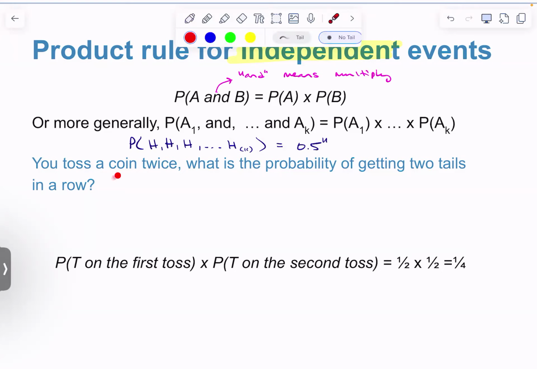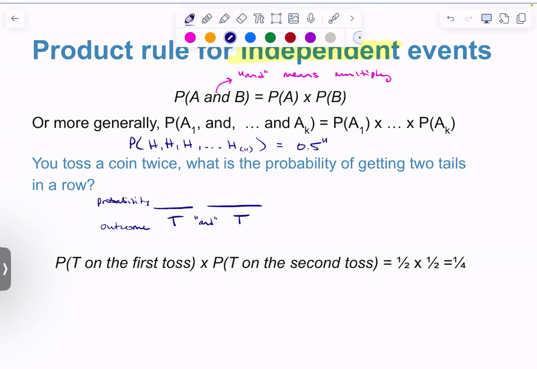But we'll start here. If you toss a coin twice, what's the probability of getting 2 tails in a row? If 2 things have to happen in a row, usually what I do is make these kind of slots, and I write the outcome below and the probability above. So I need a tail and a tail. You want to catch yourself saying that and.